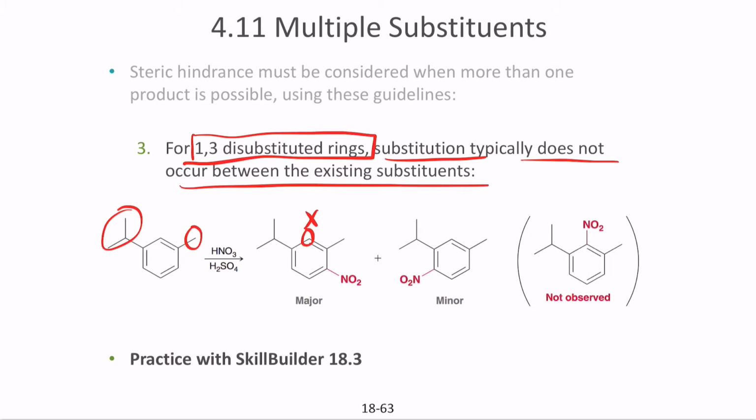So in a 1,3-disubstituted ring, there are only two ways the nitro can attach. Either it can attach to the ortho position of this carbon, or the ortho position of this carbon. It can be attached on either side, but never in the middle between the two substituents. This is the idea behind substitution when you have a 1,3-disubstituted ring.